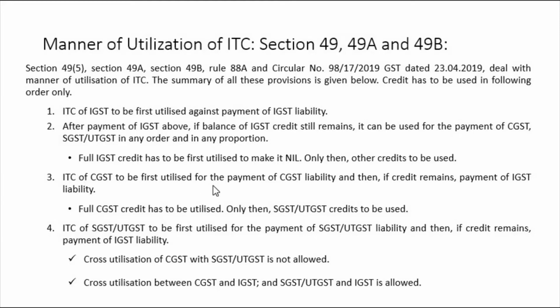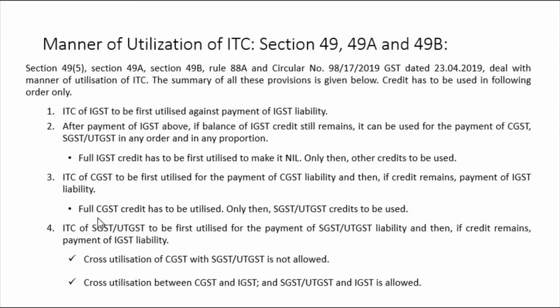First you have to use CGST credit for paying CGST liability, and if CGST credit still remains, then use it for paying IGST liability. You cannot use it against SGST or UTGST.